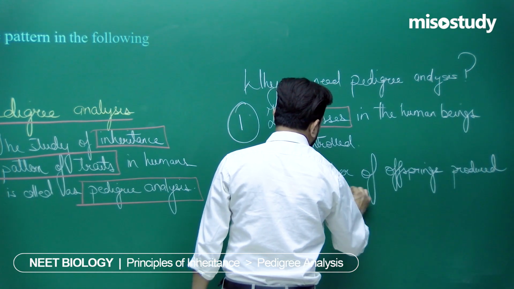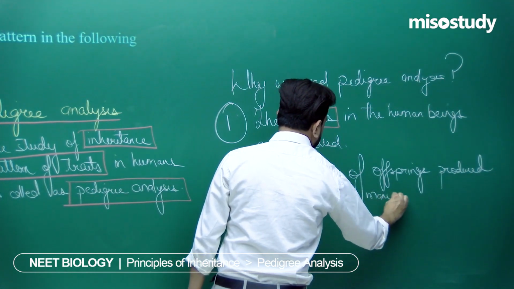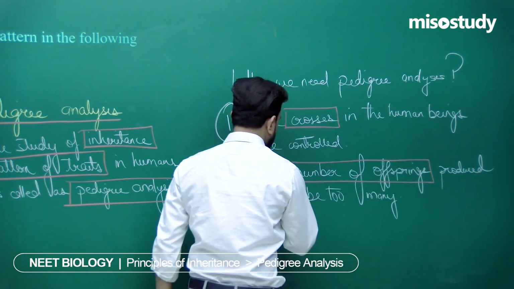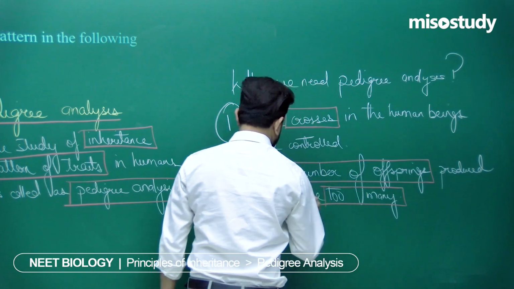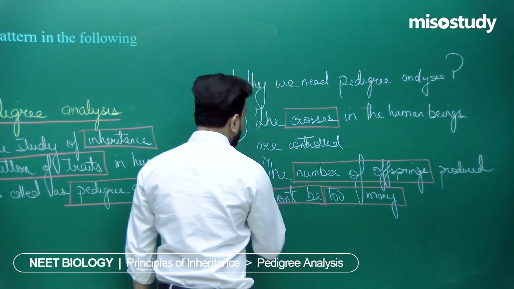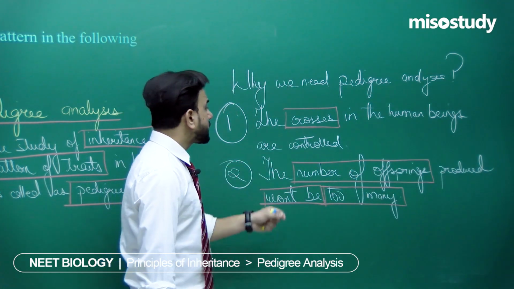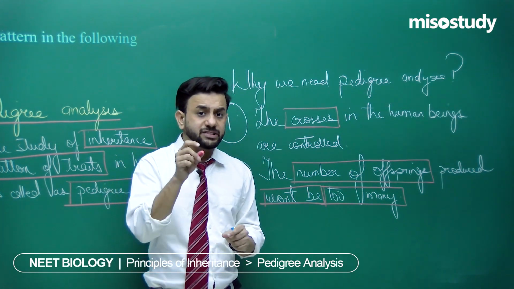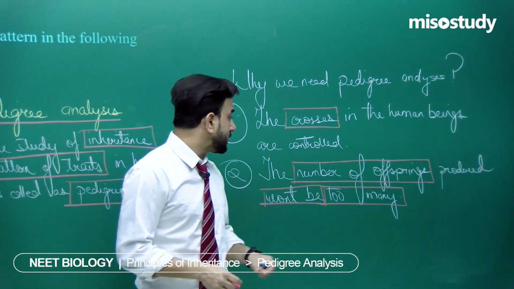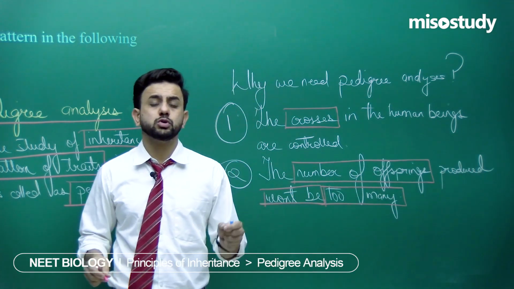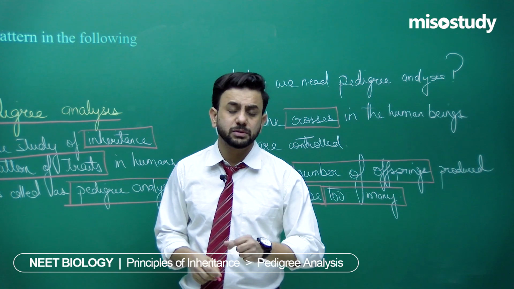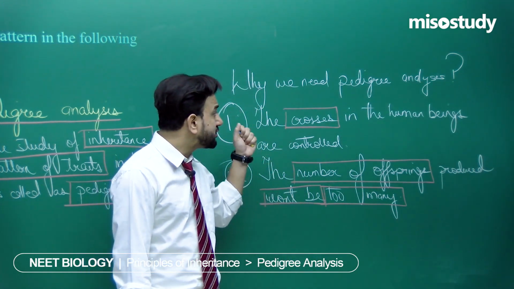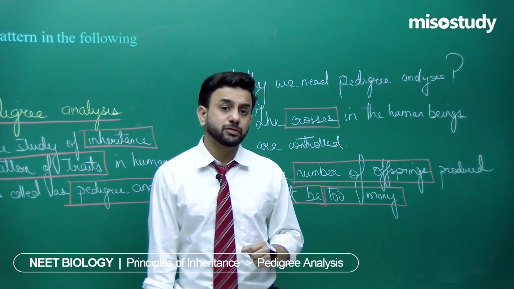The crosses in human beings are controlled. We cannot have a cross with anyone. It is a controlled cross, and the number of offspring produced won't be too many, either 2, 3, 4 maximum, and that cannot extend beyond the limits. And that is why we need pedigree analysis for humans.